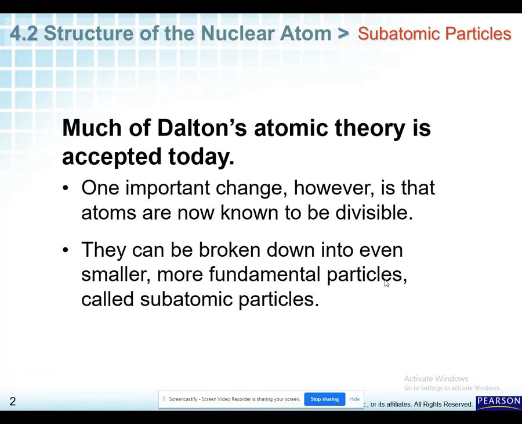However, there were a few parts that I said were incorrect, and one of those parts, or the most important change, was we know that atoms are now known to be divisible, which means you can break them down. In fact, they can be broken down into smaller particles known as subatomic particles.